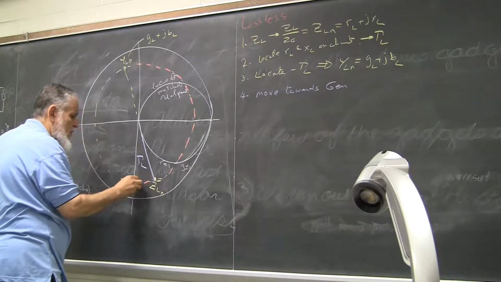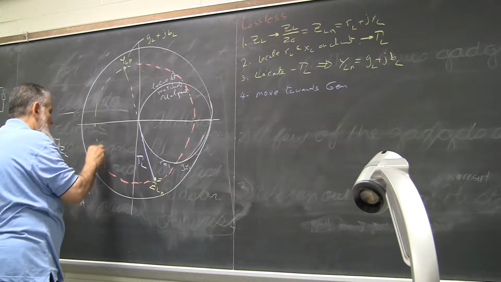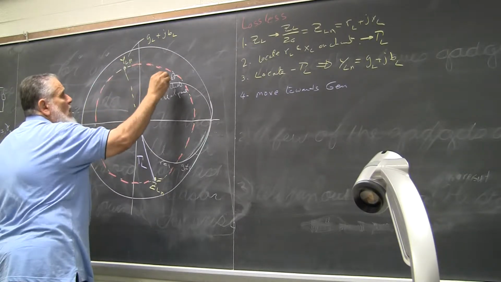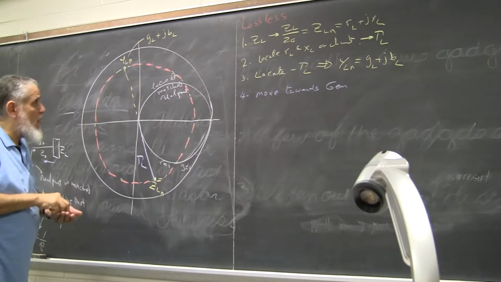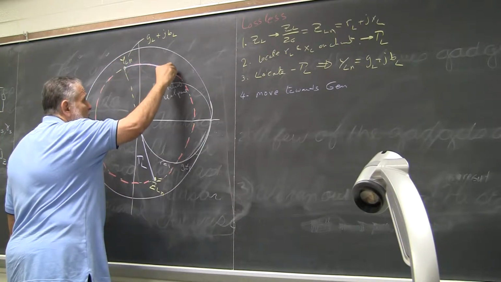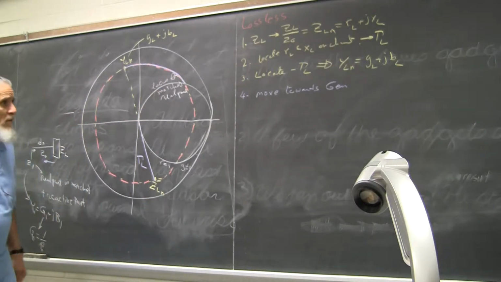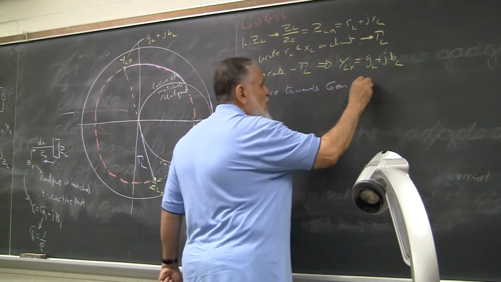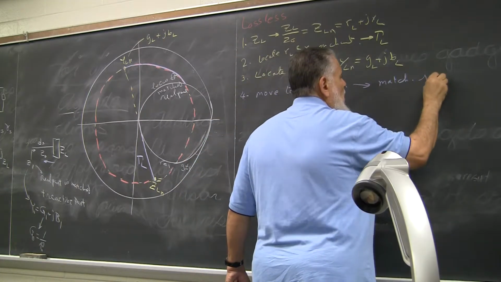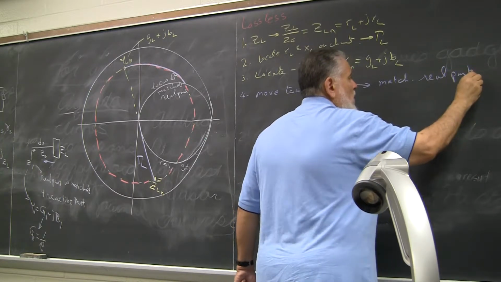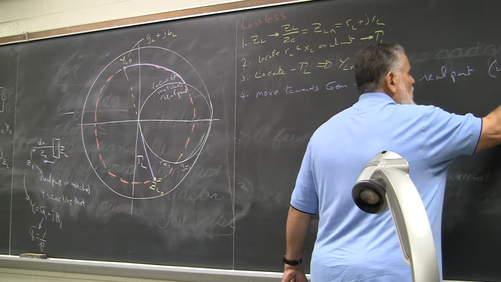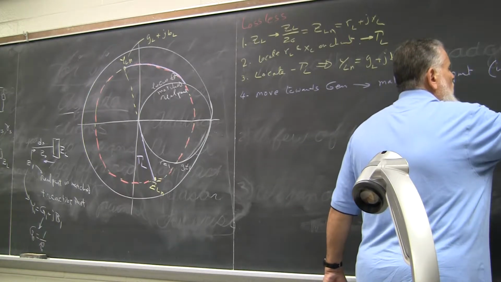It would be a spiral. Lossless means constant gamma circle. So I'll move on this one here until I match the real part. In other words, intersect the G equal to 1 circle.